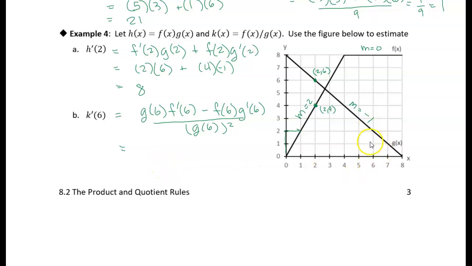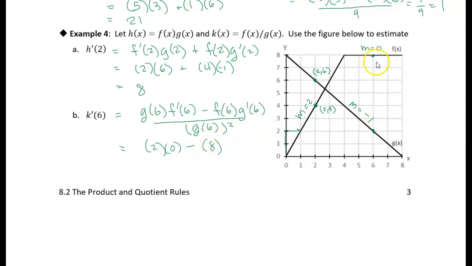So I need to come over here, and what is g at 6? When x is 6, g appears to be 2. So I'm going to put that value in. The slope of f at 6 appears to be 0, so we'll multiply that by 0. The value of f of x at 6 appears to be 8, right?